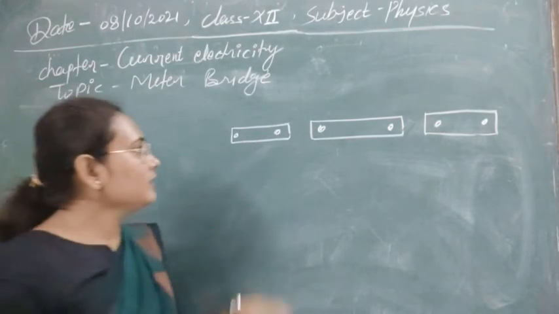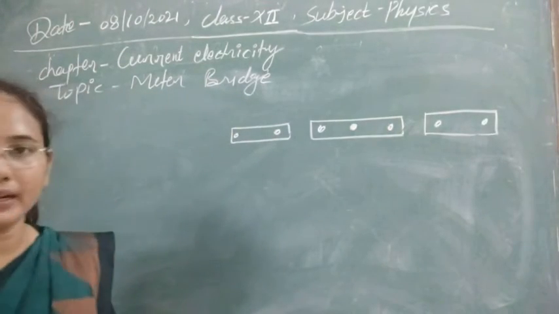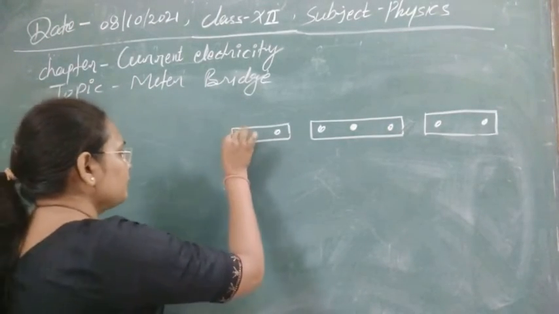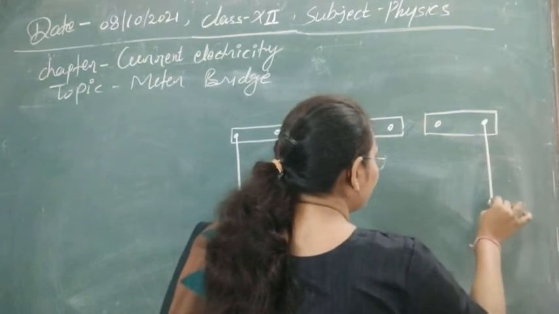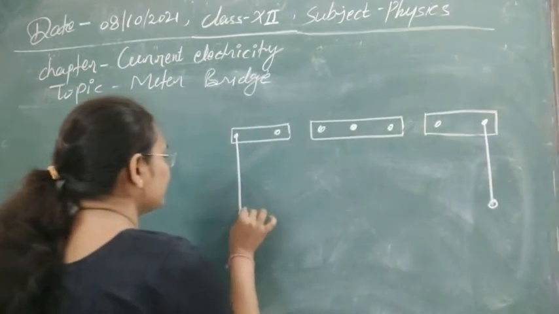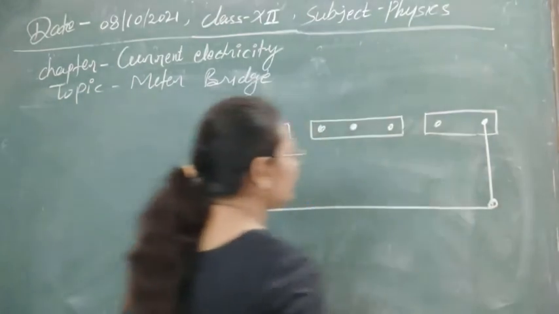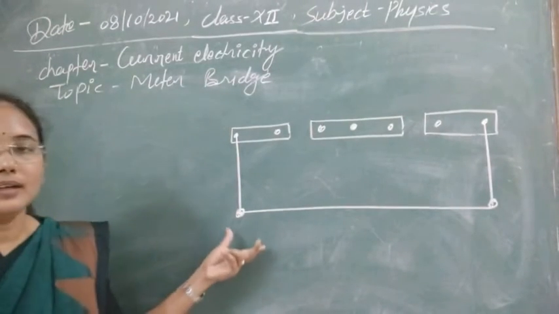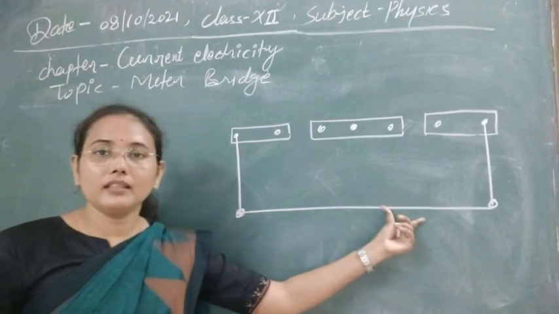In these conducting plates, these are the screws that are given to connect the wires. Now this screw is connected again with a conducting plate here. So these are also conducting plates that are interconnected. Now this conducting plate is connected by a scale and a wire of length 1 meter.